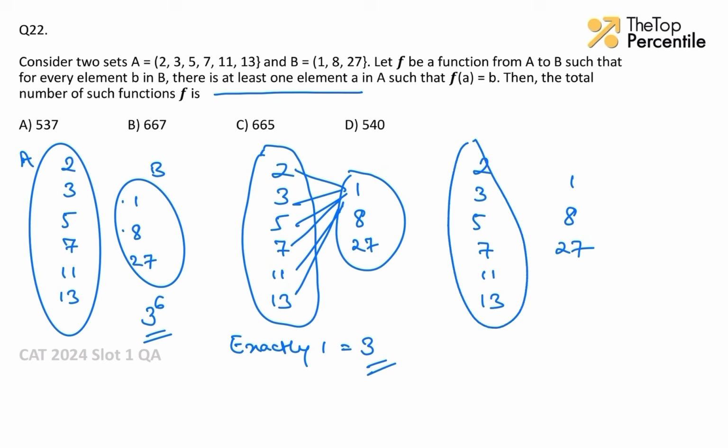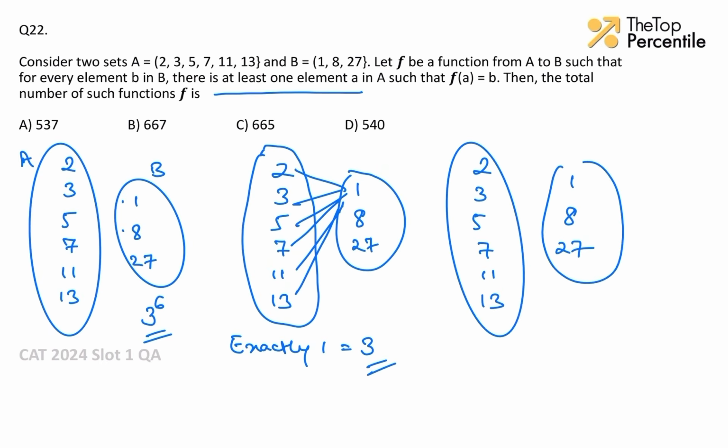This is set A, and this is set B. So in exactly 2, let's take a pair first, that is 1 and 8. 2 can be mapped onto 1, or onto 8. 3 can be mapped onto 1, or onto 8.